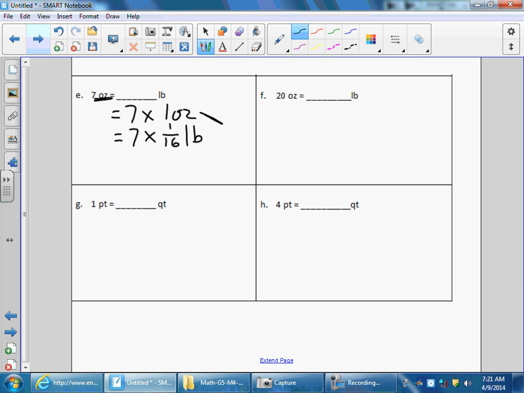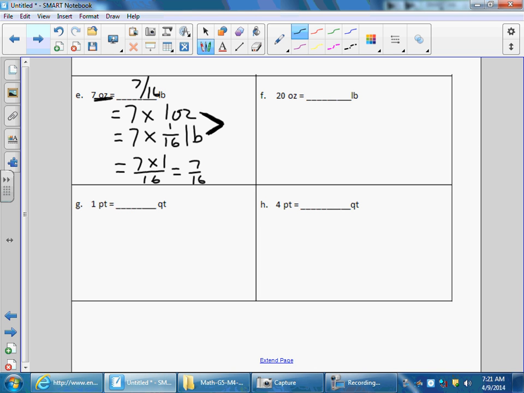So 1 ounce is going to be 1/16 of that pound. These values have to be the same. I take my 7 times 1 divided by 16, 7/16. 7/16 of a pound.